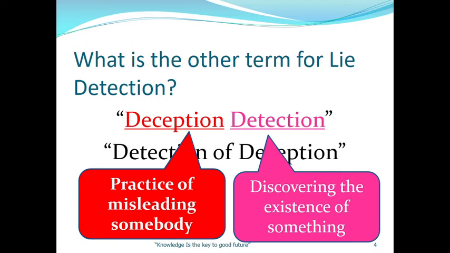So your task as law enforcement, as an investigator, is to discover what is behind the statement, or what is under the deception of a person. So that is the other terminology for lie detection: deception detection or the detection of deception.